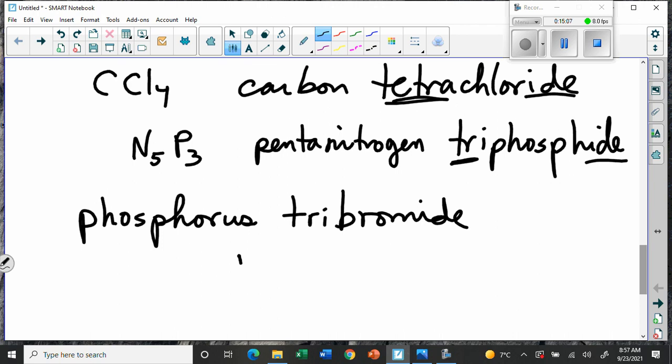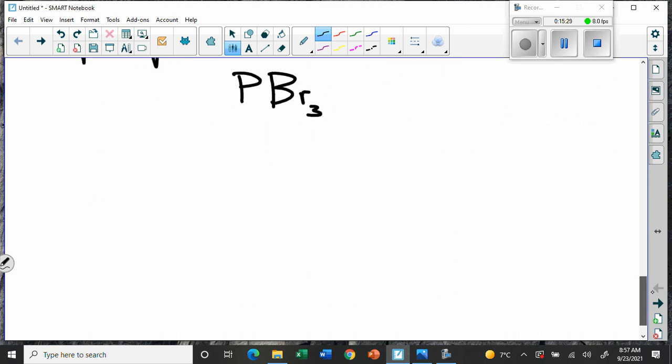Phosphorus has no prefix, so it's 1. Tri-bromide means attach it to 3 bromines, just like that. So it's very easy for writing the formulas and recognizing the names, because the prefixes give everything away. And the numbers tell us which prefixes to use, right? So if you were going to do, let me think of another one here.